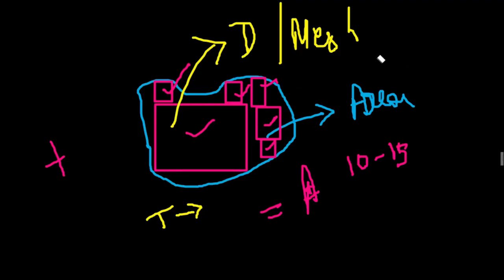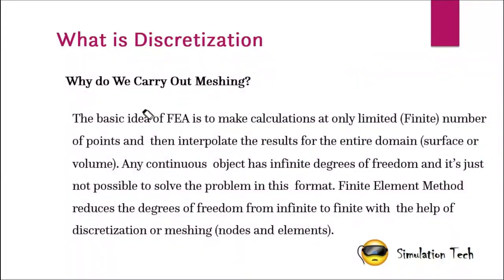So why do we do meshing? To obtain approximate solutions. That is called discretization and meshing. The basic idea of FEA is to make calculations at only a limited number of points and interpolate the result for the entire domain.